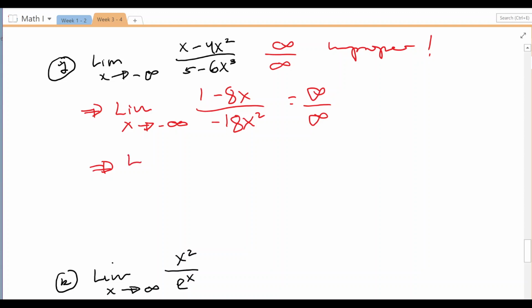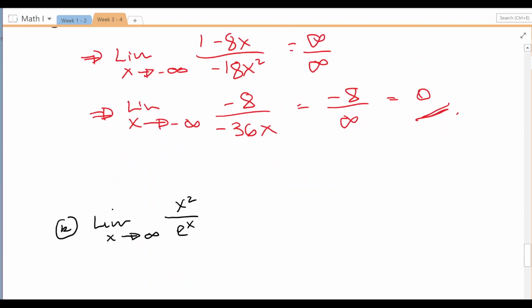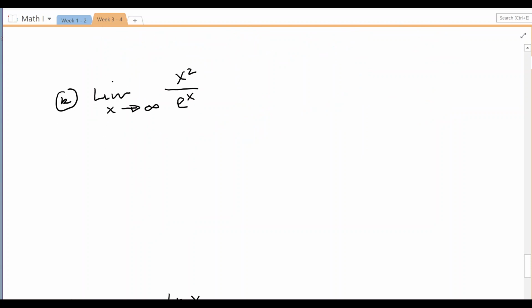So we get the limit as x approaches negative infinity of negative 8 over, taking another derivative, negative 36 times x. So now we get negative 8 over infinity, and therefore the answer is 0 for the limit approaching infinity.